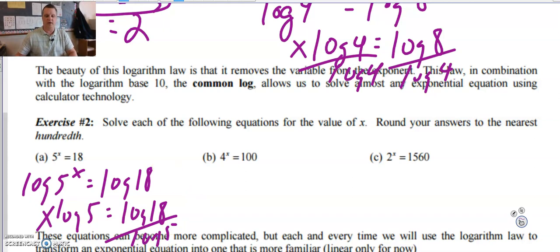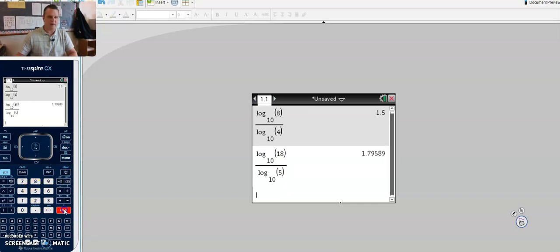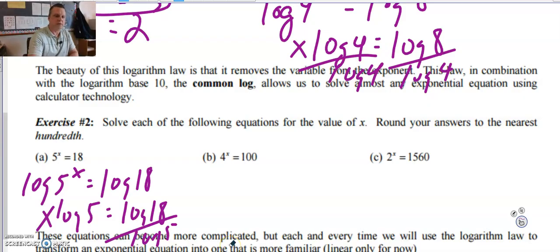So in your calculator, you have log 18 divided by log 5, enter, and you got 1.79, and it says round to the nearest hundredth. So you got 1.795, which rounds to 1.80. Okay, so this is 1.80.